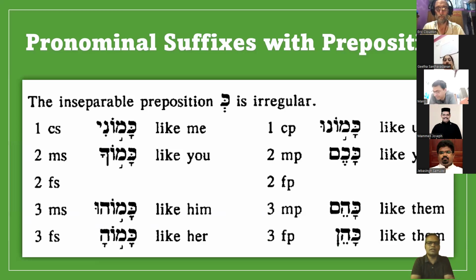You see here the presence of mem, the presence of a long vowel, and also the presence of nun in the first common singular. This is an absolutely irregular form. So kamoni, kamoka, kamohu, kamoha, kamonu, kakem, kahem, kahen.